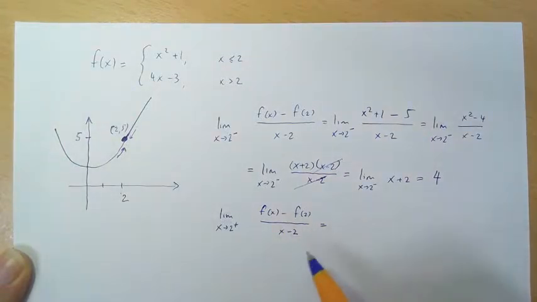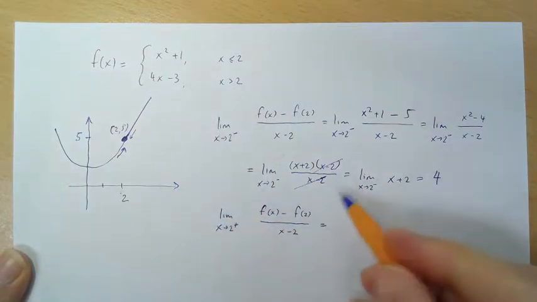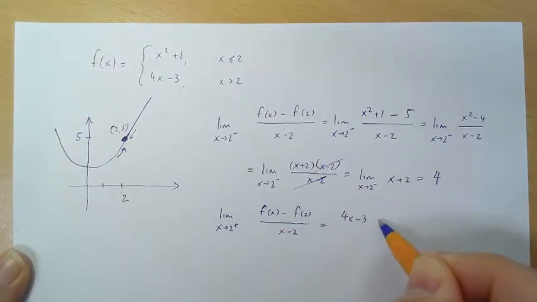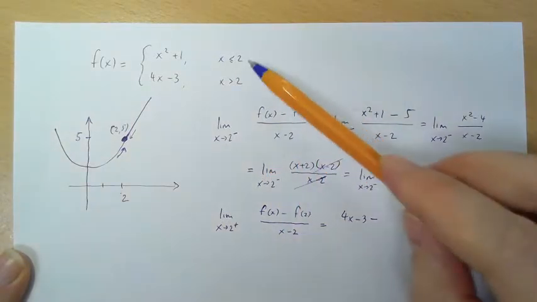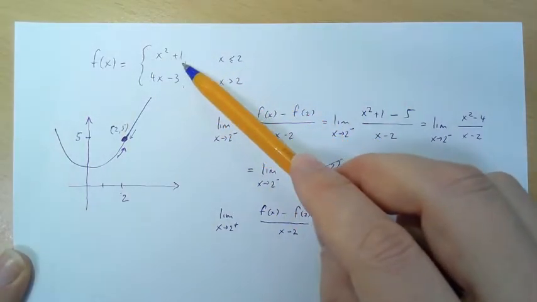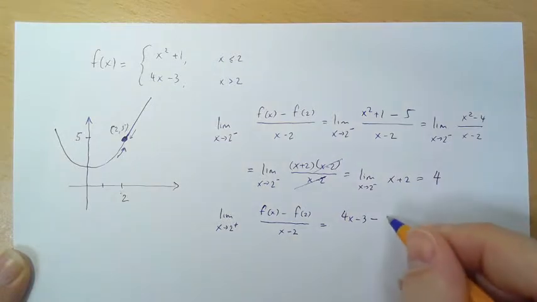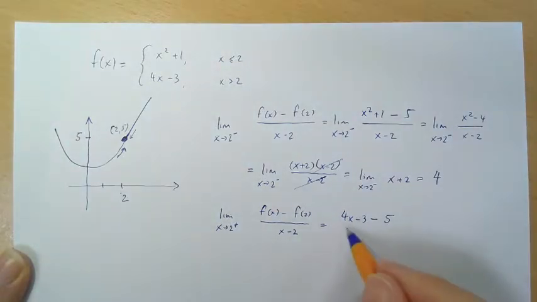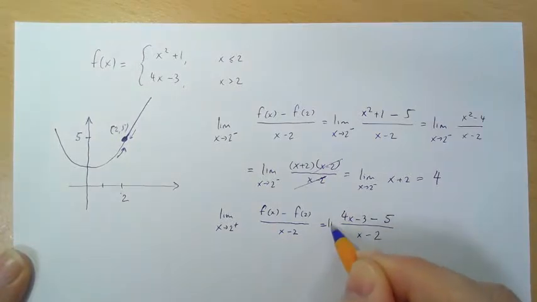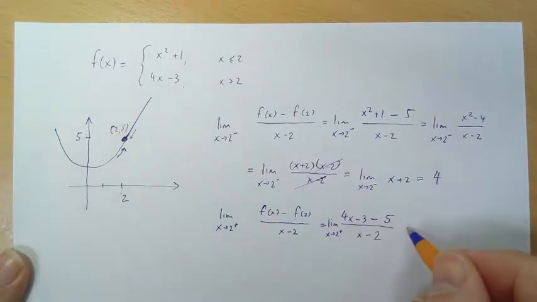So it's the same quotient, but this time I'm looking at values that are greater than 2, and therefore I need to say that f of x is 4x minus 3 minus f of 2. When x equals 2, it is this function here, so it's 5, over x minus 2, limit as x approaches 2 from the right.